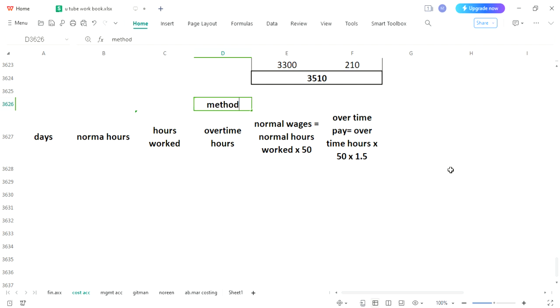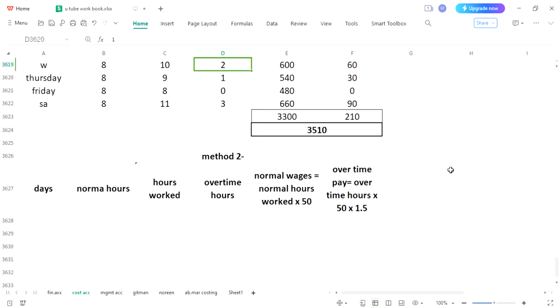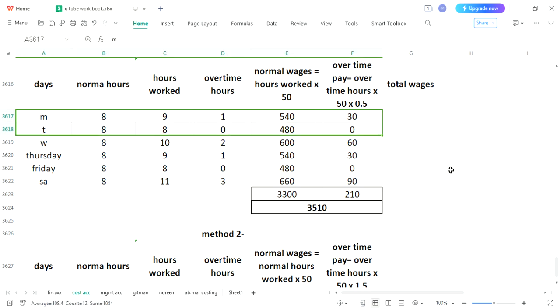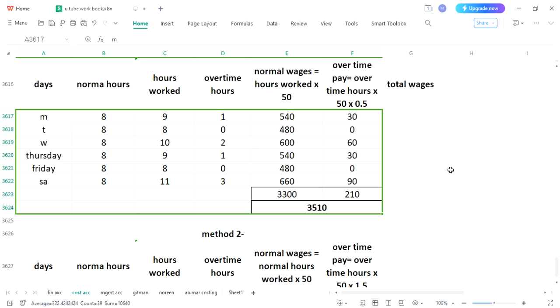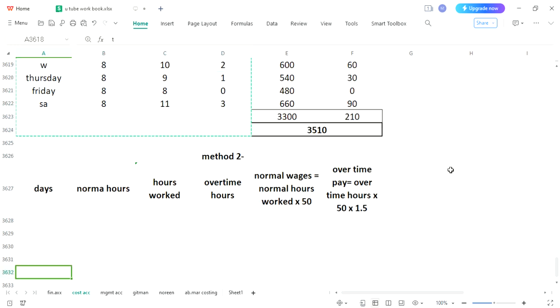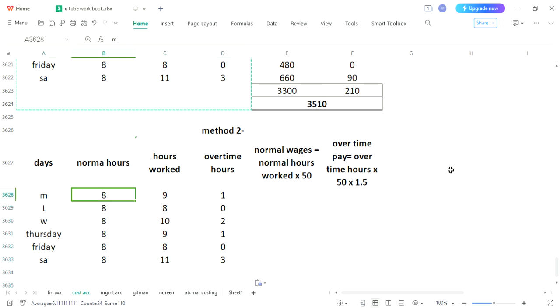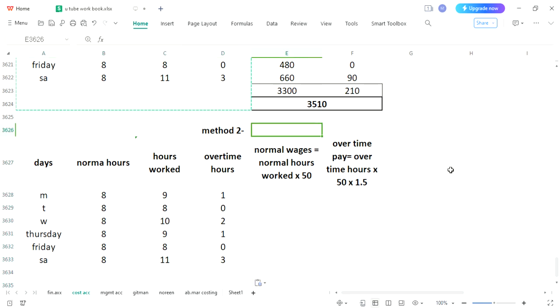Method number 2. For that you will use all of the inputs which we have used in the previous part. Look what I am doing. All inputs are similar to those we used in method number 1. The only difference which we will make is over here.